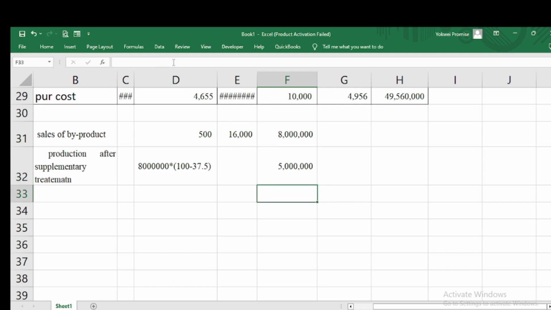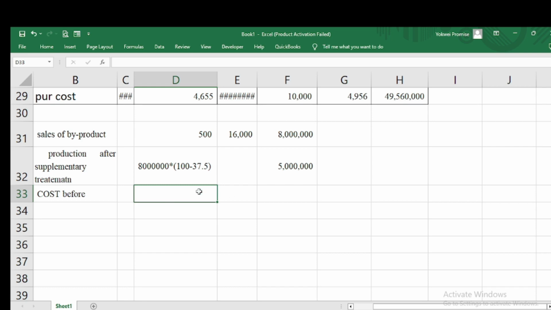So we have 5 million. Now the cost of the supplementary treatment. The next part now is cost. They say before and after, right? So the cost before will be equal to the production cost after, minus the supplementary expenses, please.